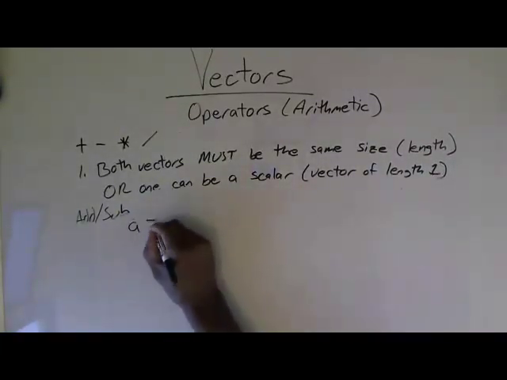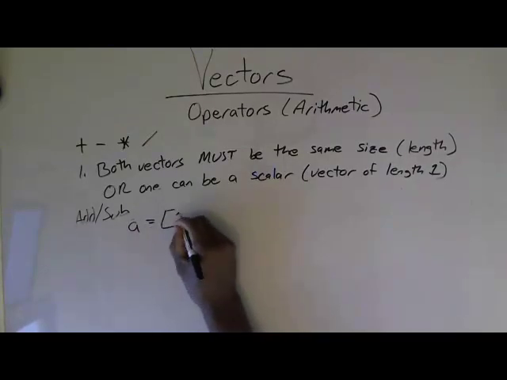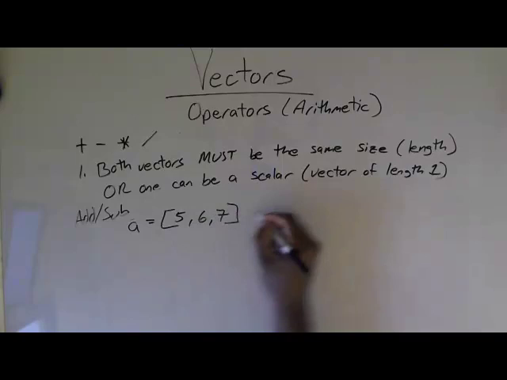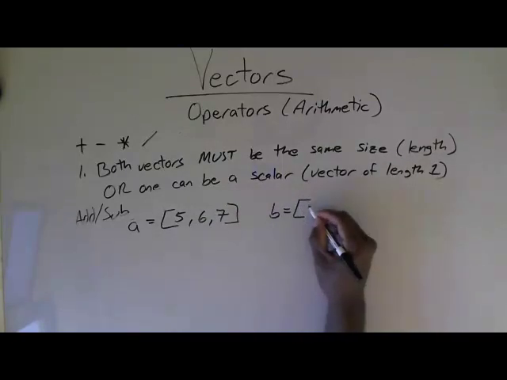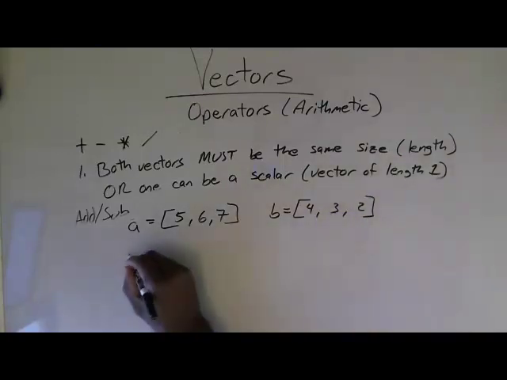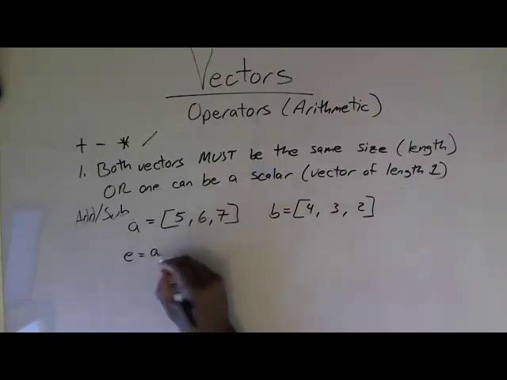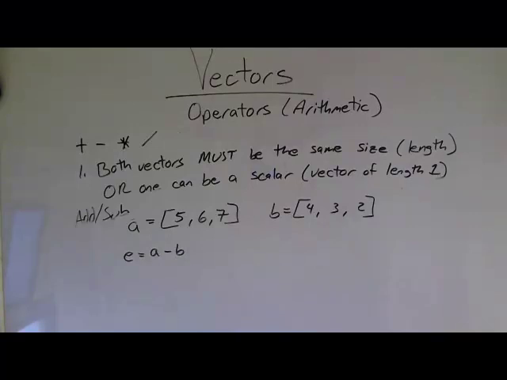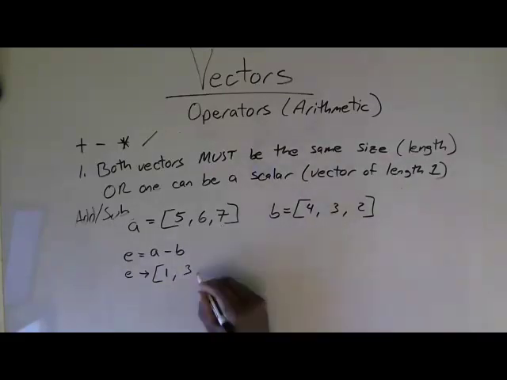So once again, if A equals 5, 6, 7, and B equals 4, 3, 2, then if I said vector E equals A minus B, then you do an element by element subtraction. So therefore E would be 5 minus 4, which is 1, 6 minus 3, which is 3, and 7 minus 2, which is 5. So E would be the vector 1, 3, 5.